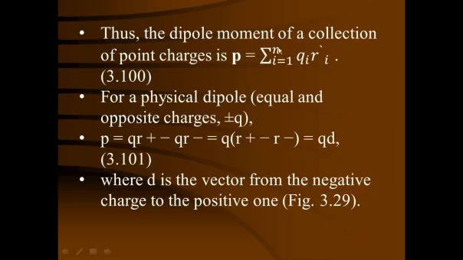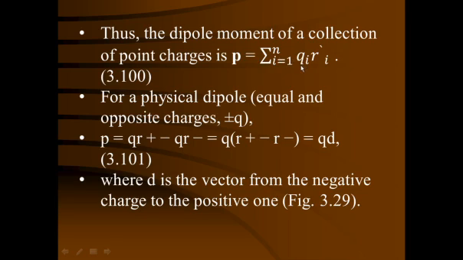The dipole moment of a collection of point charges, if the charge is discretely distributed in some region of space, can be given this way: sigma i equal to 1 to n. So, we do not have to utilize the integration, we can take work from summation. i is equal to 1 to n, qi ri dash.